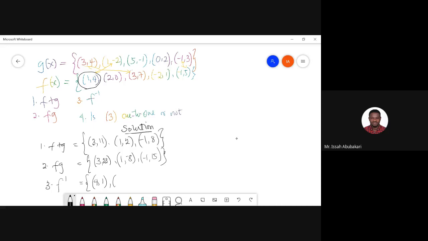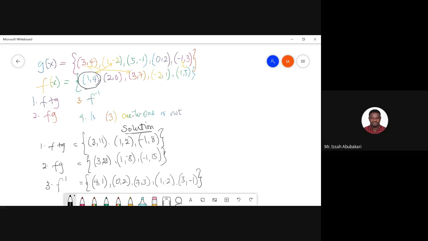The second point, we put in 0, we get an output of 2. When we put in 7, we get an output of 3. When you put in 1, we get an output of -2. And when we put in 5, we get an output of -1. Is that okay? And the last question.